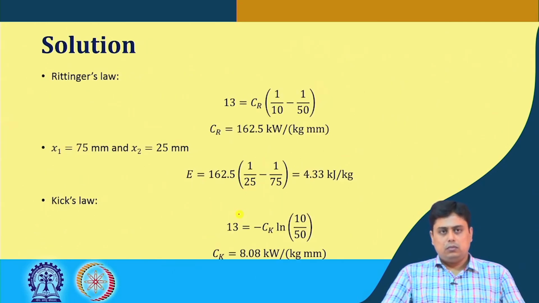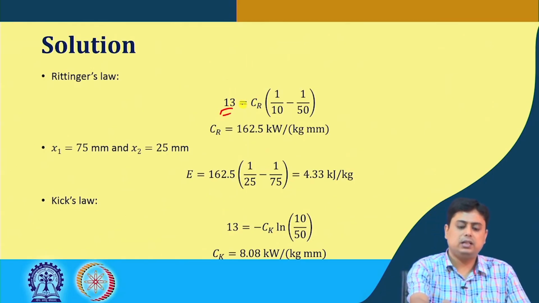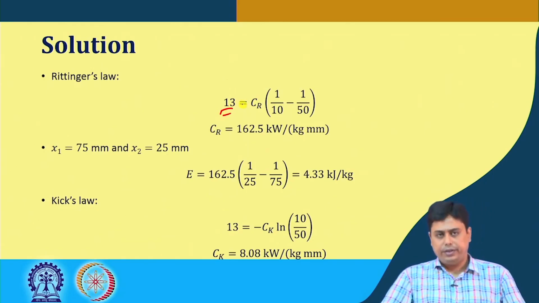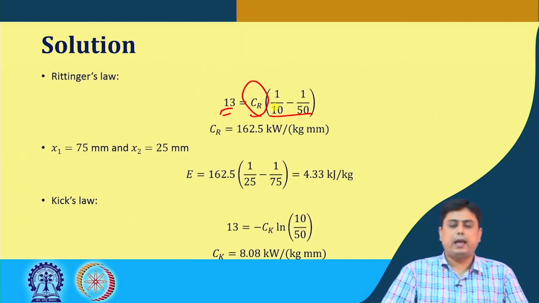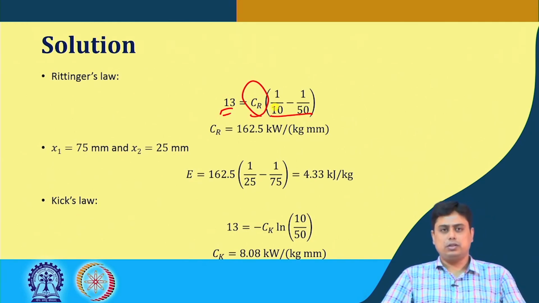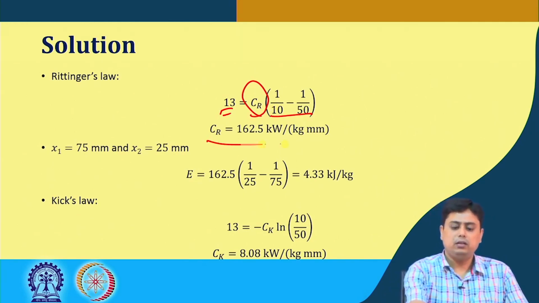So, a very straightforward simple problem. By Rittinger's law, we can write this expression: the energy consumed is equal to Rittinger's constant multiplied by 1 divided by x2 minus 1 divided by x1. These values are initially given. We have to basically calculate this Rittinger's law constant, which we can find numerically.